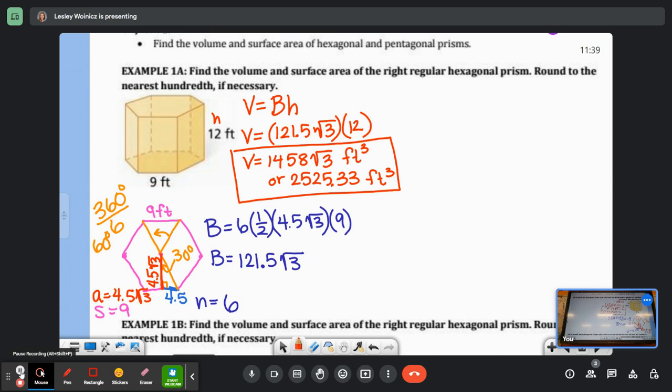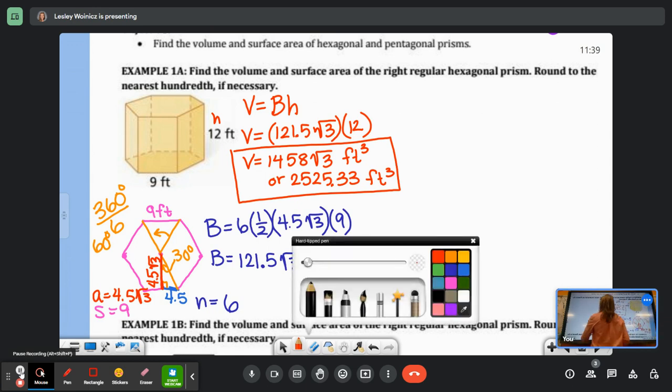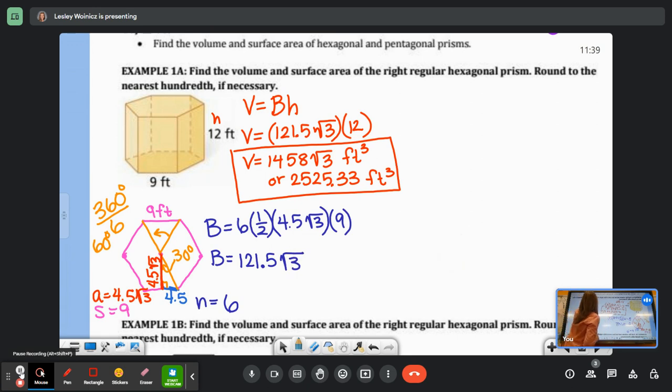Okay. Let's talk about the surface area. So how many bases does this figure have? 2. So my surface area is going to be 2 hexagons plus, you see that I have 6 of these rectangles? 6 lateral faces that are rectangles.